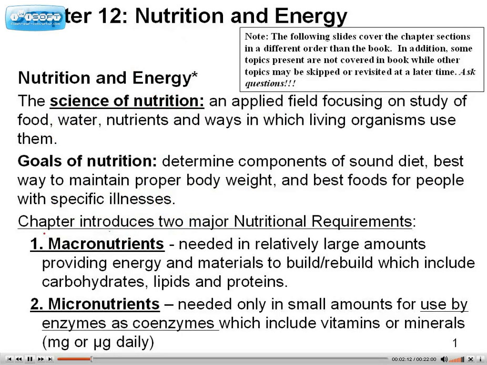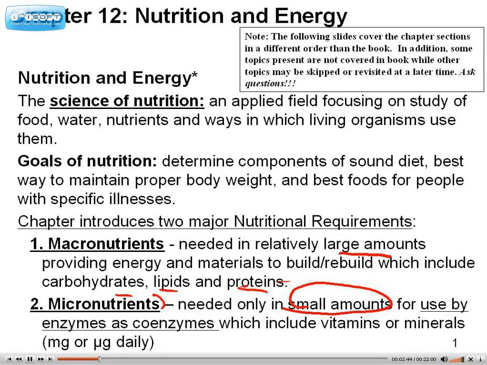Definitions, definitions, definitions. Know these definitions. Macro versus micronutrients. Macronutrients are anything you need in large amounts. Proteins, lipids, carbohydrates you need in large amounts, both to break down as energy and as building blocks in order to build important structures within the organism itself, within the cells of your body, if you will. Micronutrients are anything you need in small amounts.